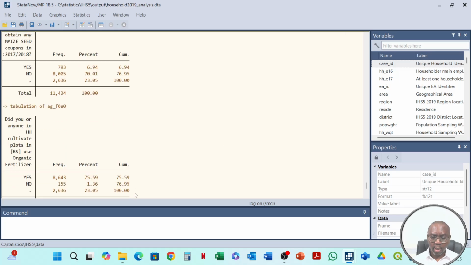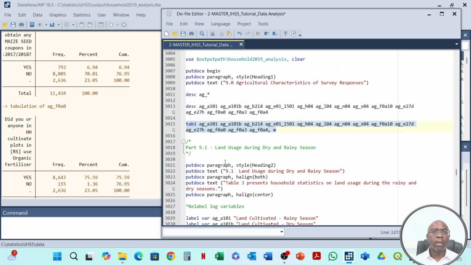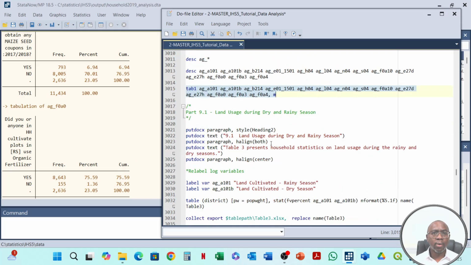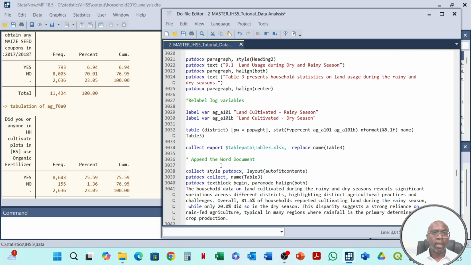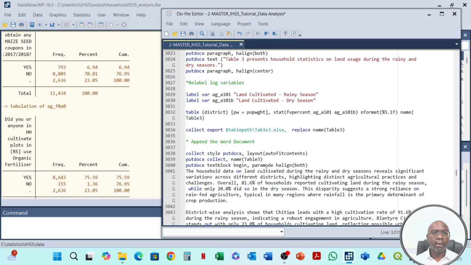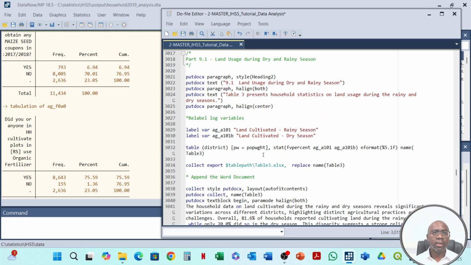All right. And then what we're going to do is we look at land usage, and then maybe just to relabel the variables that this is land cultivated in the rainy season, land cultivated in the dry season, and then as we did, describe this, looking at these statistics.